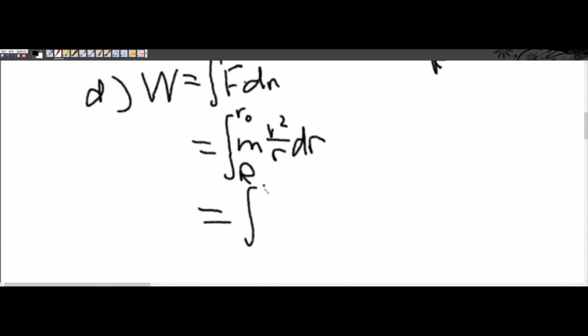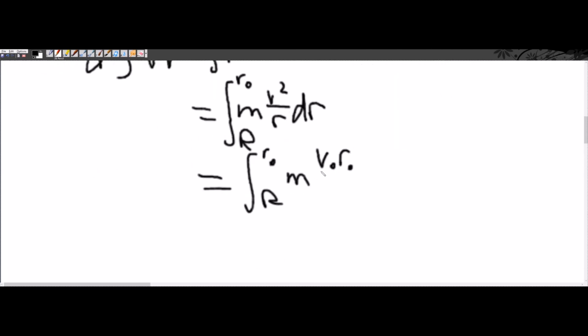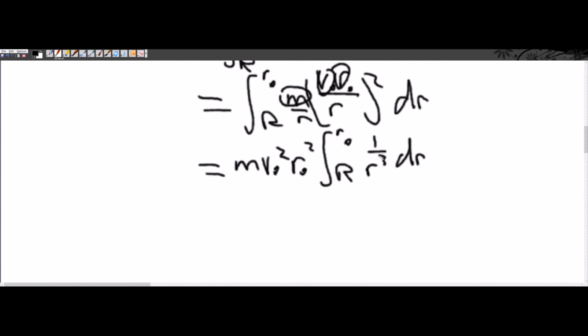So we get the integral from r0 to r of m times, you sub velocity in, v0 r0 over r, squared, then divided by r, dr. Now I can take these, they are all constants, right? Take them out of the integral. So m v0 squared r0 squared, times the integral from r0 to r of 1 over r cubed dr. Now we know how to take integrals. So this is just going to become negative 1 over 2 r squared.